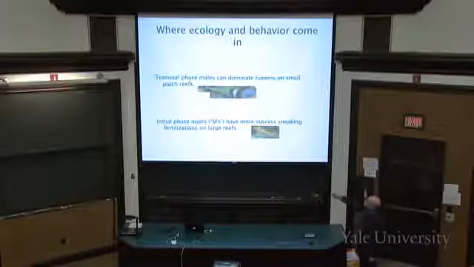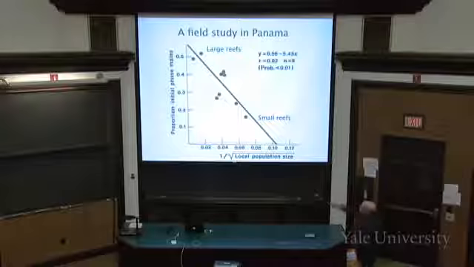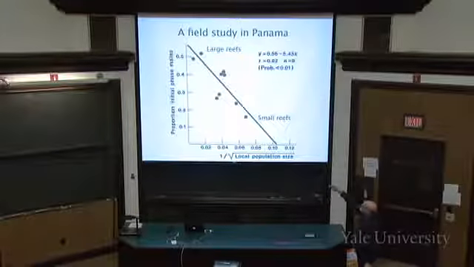The data is fairly noisy, and the transformation down here does tend to squeeze the data together a little bit, but there is a significant effect of reef size. If you're on a small reef, it's mostly terminal males. The larger the reef gets, the bigger the population gets, the more initial phase males there are.